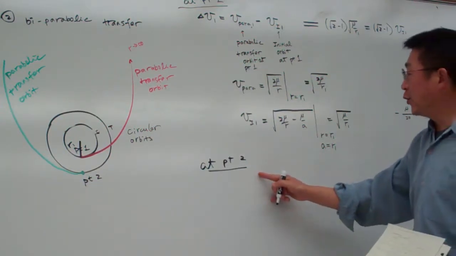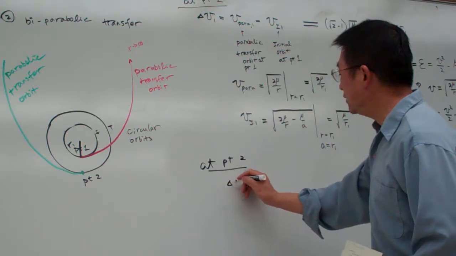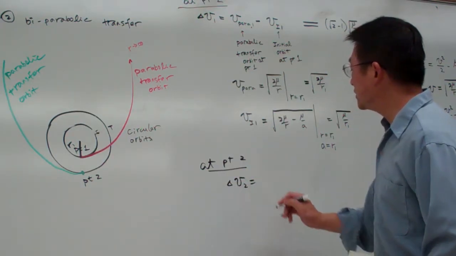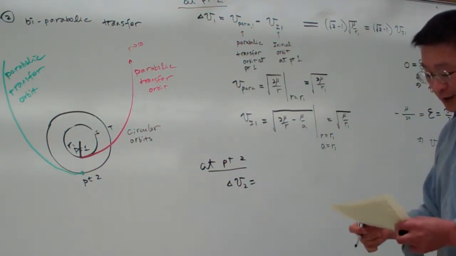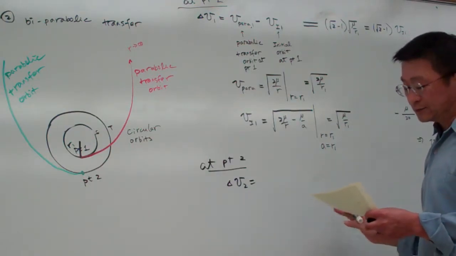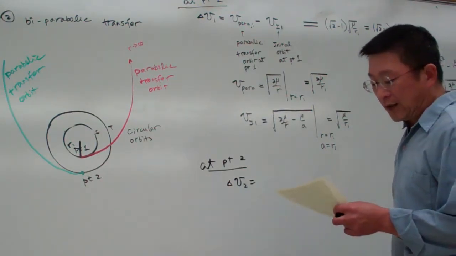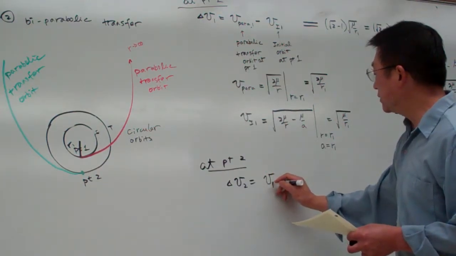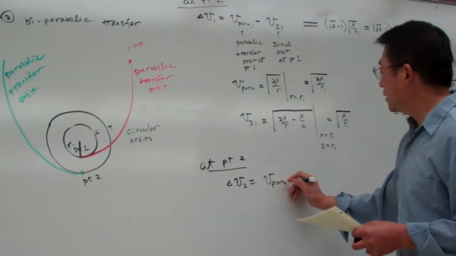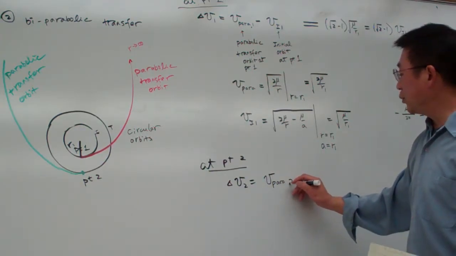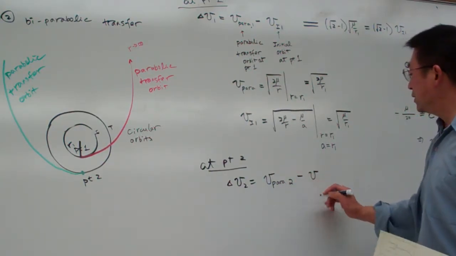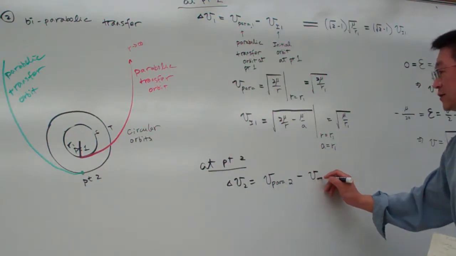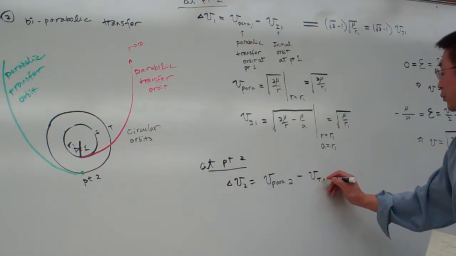Okay. So I point to the same thing here, the delta V. Here we simply say delta V is, if we consider the parabolic transfer orbit at point 2 minus V on the target orbit at point 2.